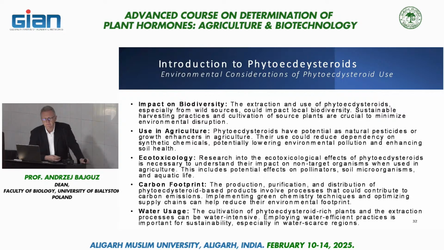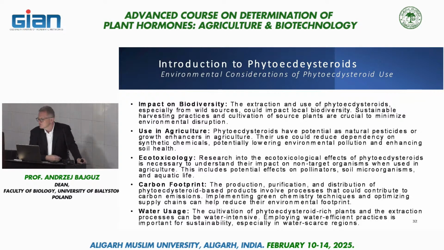When we talk about sustainability, we also need to consider the carbon footprint. Using green chemistry and optimizing supply chains, we can help minimize emissions from production and distribution. Finally, water use is another key factor.